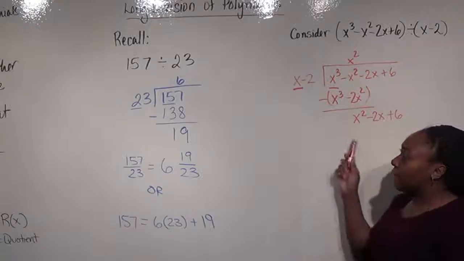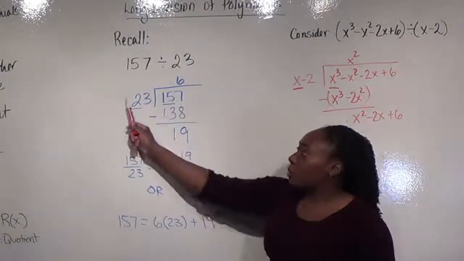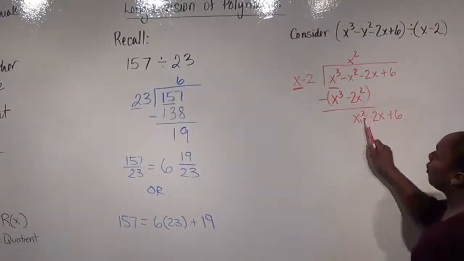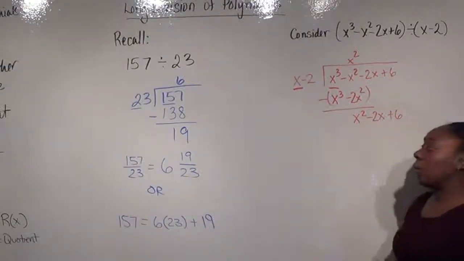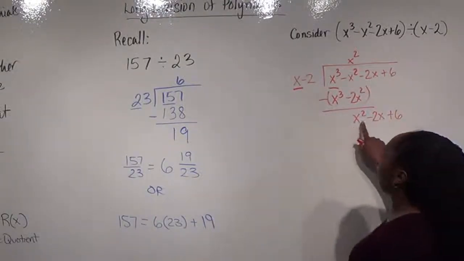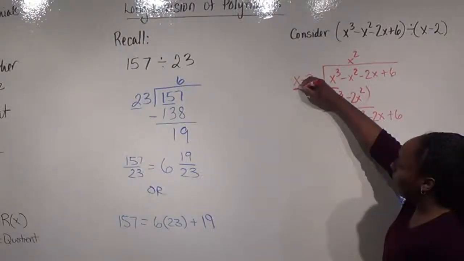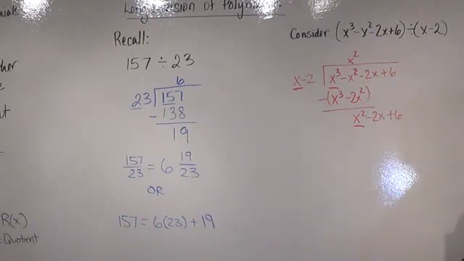Okay. Now we're going to check just like we did there. So remember here we were looking that this number was smaller than this number. For polynomials, we want this degree to be smaller than this degree. If it's not, I'm going to keep going. So in this case, because this is an x squared and this is an x, same thing. I want to figure out how many times this number will go into the x squared term. Okay.